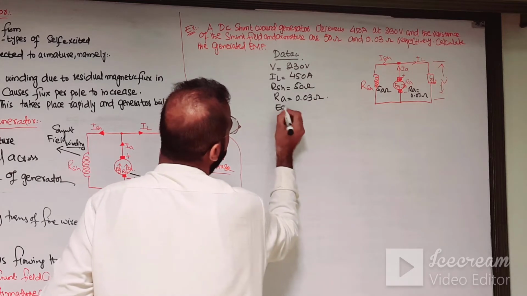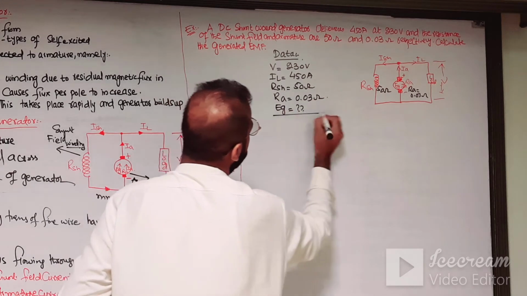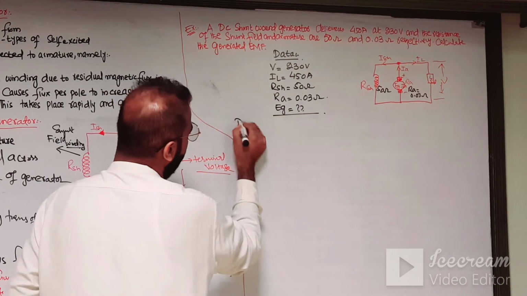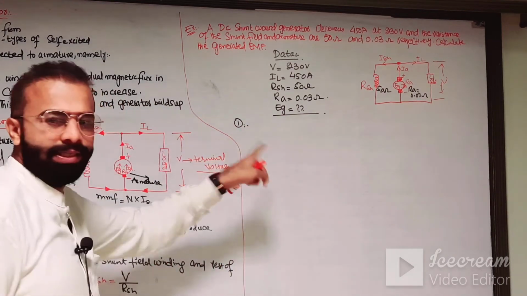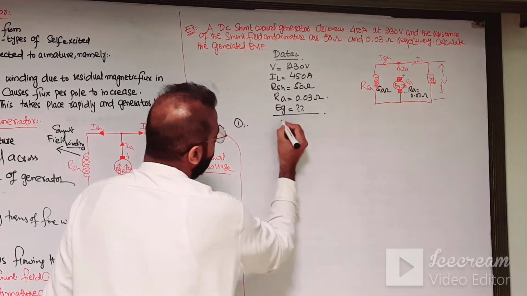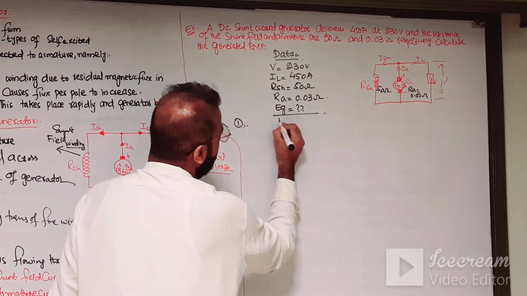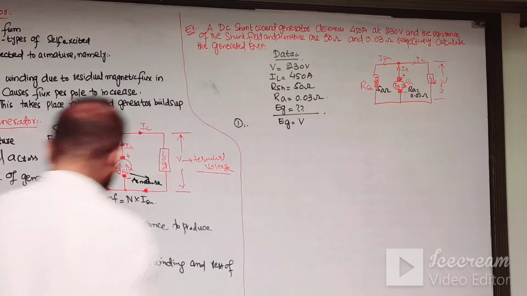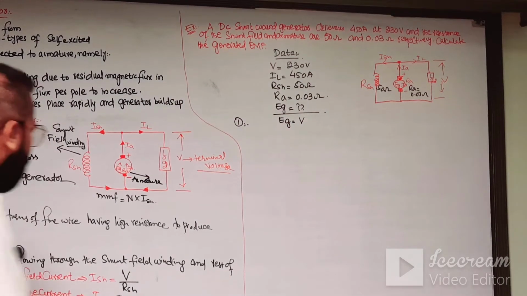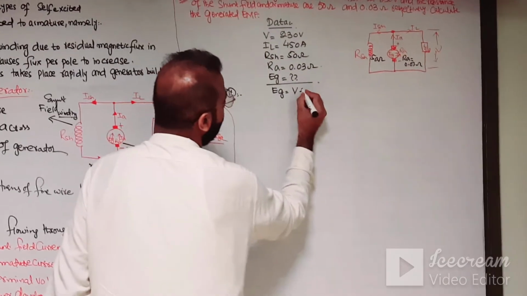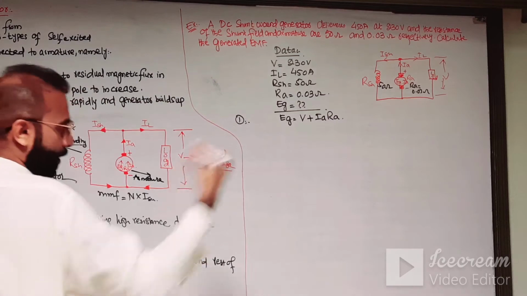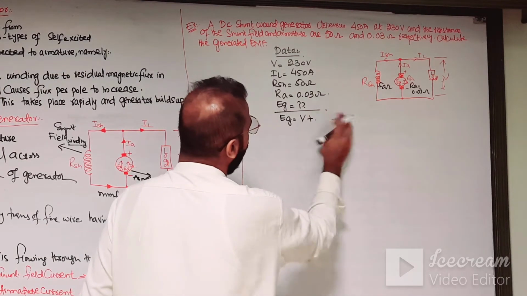Now we have to calculate the Eg in the case of the shunt wound generator. The main formula for calculating Eg is Eg equal to V plus Ia Ra. How are we getting this?